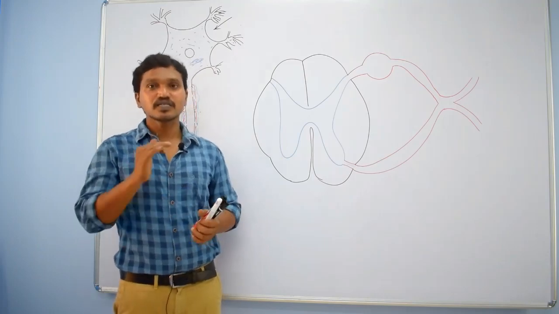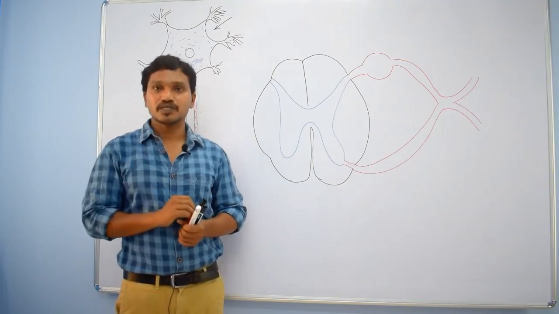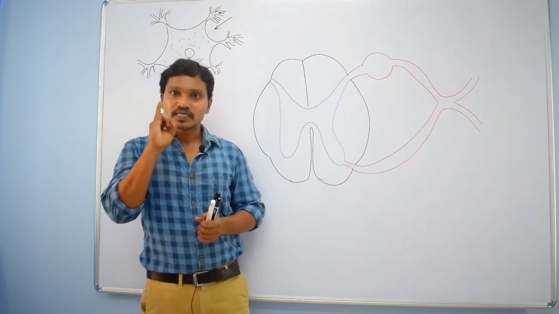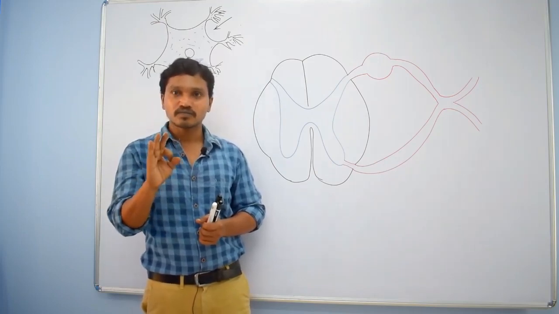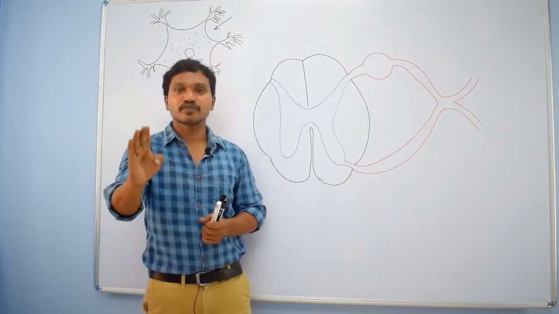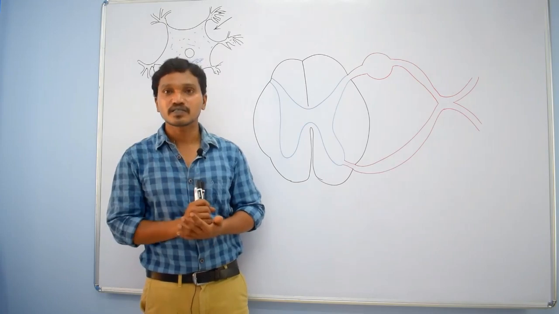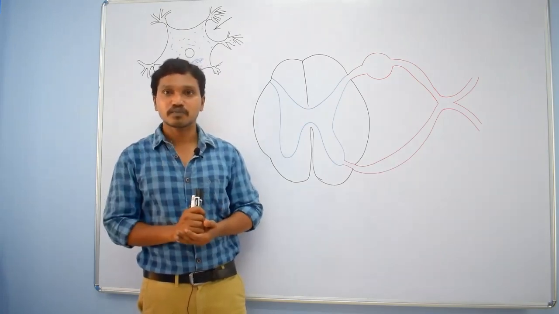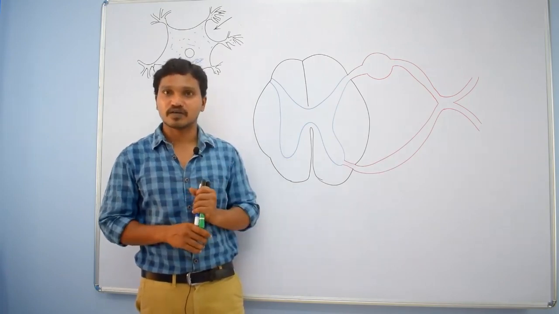Right? Actually this reflex arc contains some components. What are those components? Receptors, sensory neuron, motor neuron, then effector organ. This is in the case of a simple monosynaptic reflex arc.